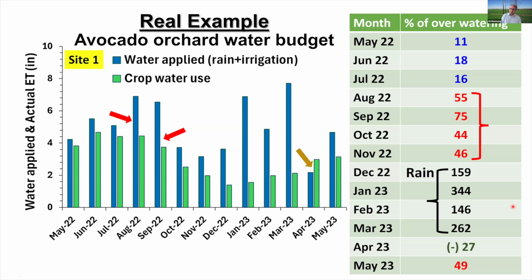But that rain also had a great contribution on the salt leaching and cleaning up the soil salinity. We documented that impact. We have the salinity for 3 years continuous, 2022, 2023, 2024.